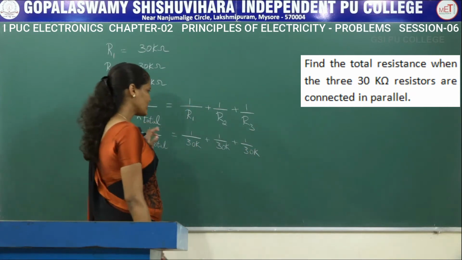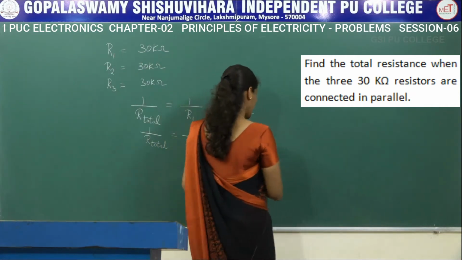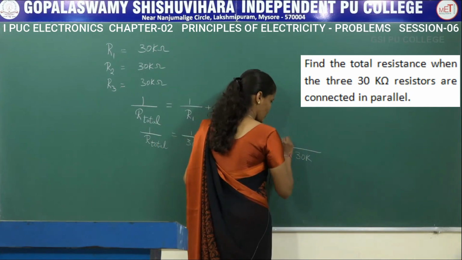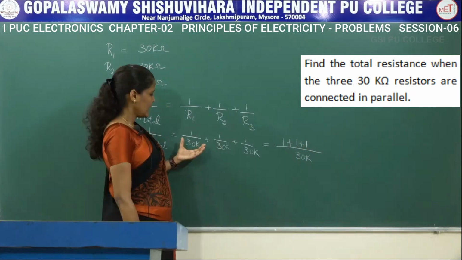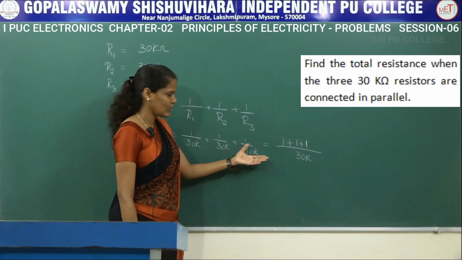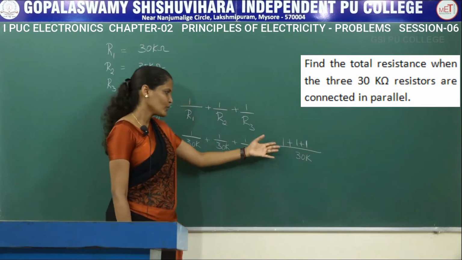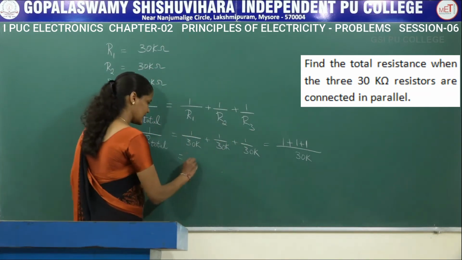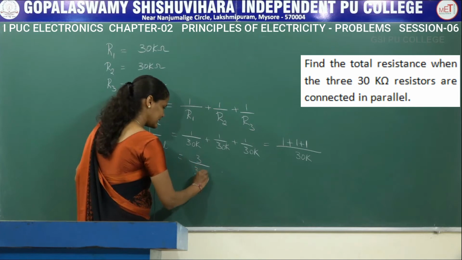The simplest way to solve this is take the LCM of all these three. 30 kilo is the LCM. So 1 plus 1 plus 1. Every denominator is having 30 kilo. The LCM is also 30 kilo. So numerator nalli 1 plus 1 plus 1 anta vartade. So I will be getting it as 3 divided by 30 kilo.